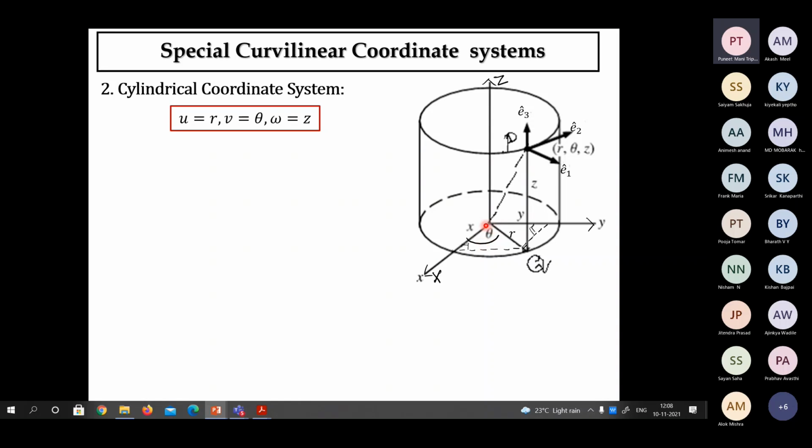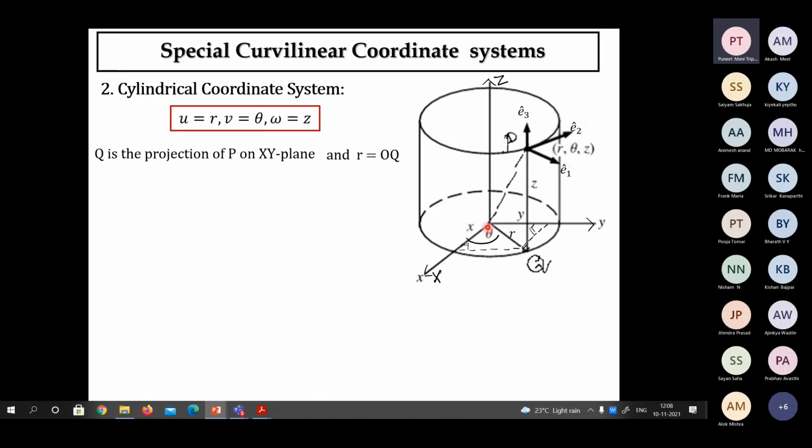Whatever angle OQ makes with the x-axis, that angle is theta. Q is the projection of P on the xy plane, r is equal to OQ, and theta is the angle made by OQ with reference to the x-axis.